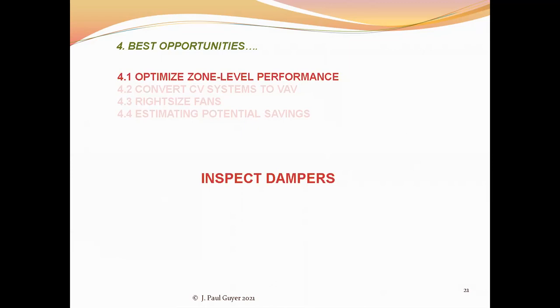Dampers in an older type HVAC system are fixed, and they are set by a testing and balancing contractor, typically when the building gets built, and he comes in, and the air conditioning system has been designed to deliver this much air to this space, this much air to that space.